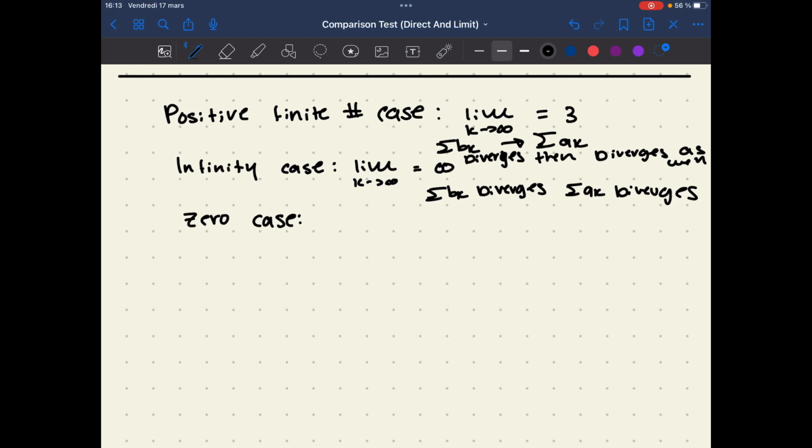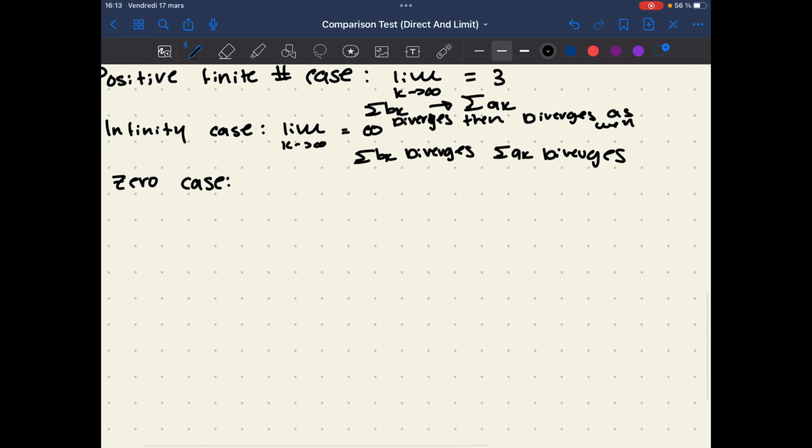The zero case states that if your limit as k approaches infinity equals 0, and b sub k converges, then a sub k will converge as well.